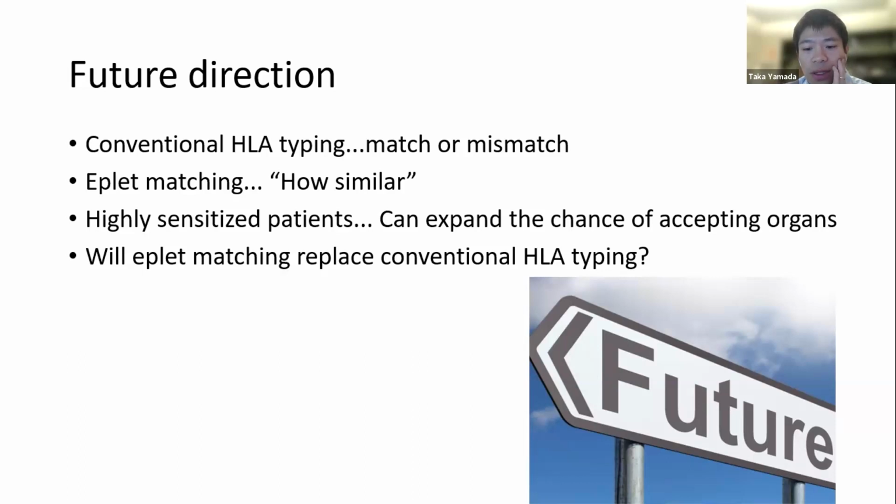Well, it offers a significant advancement. It still cannot completely predict the resulting pathogenic response with absolute certainty at this time. But I'm looking forward to the future, when at some point we use Eplet matching as a mainstream part of the matching before transplantation.